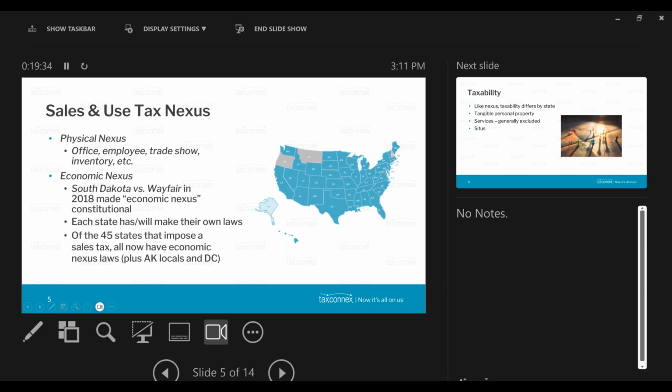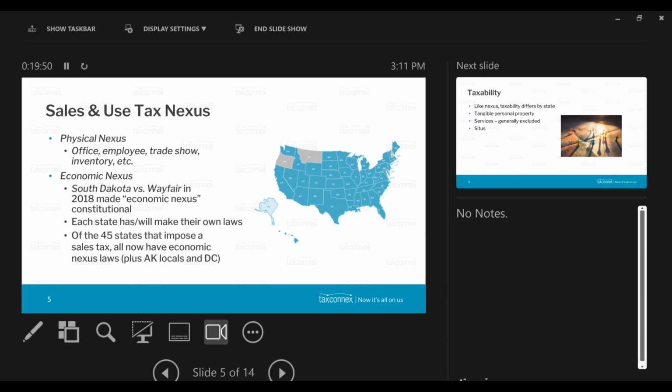And the Supreme Court ruled favorably on the part of South Dakota and said that it was constitutional that South Dakota could impose an economic nexus standard on taxpayers. We refer to this as the Wayfair decision because Wayfair was kind of the big landmark case that sort of set in place this standard.